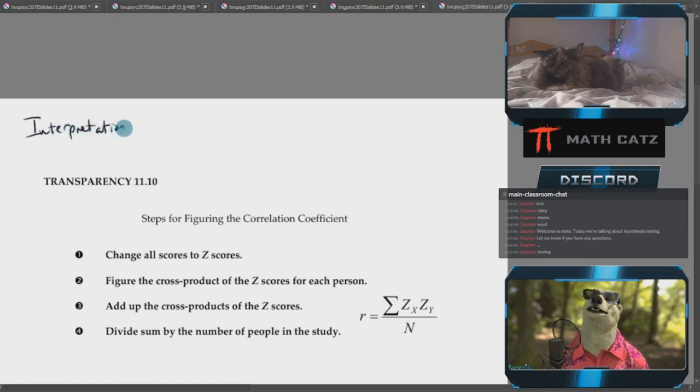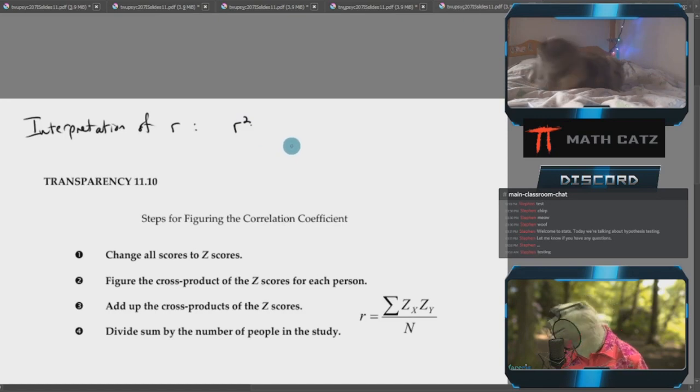Interpretation of R. Now, probably more than one way, but a way that you might see come up in research papers is by way of squaring the correlation coefficient.